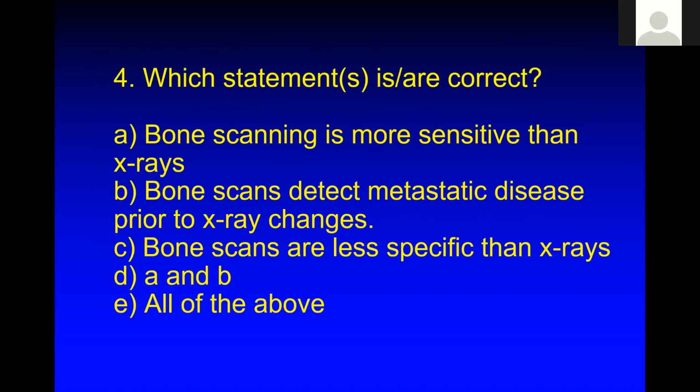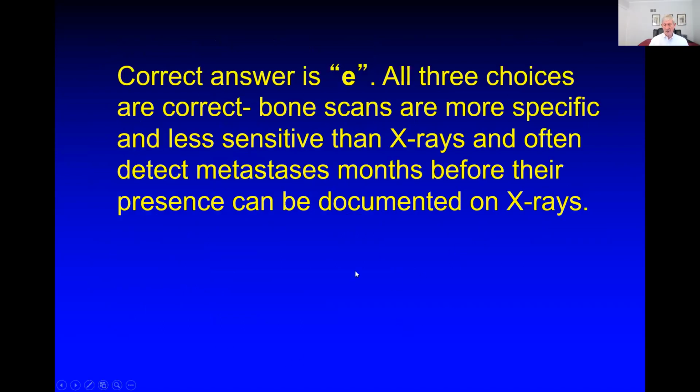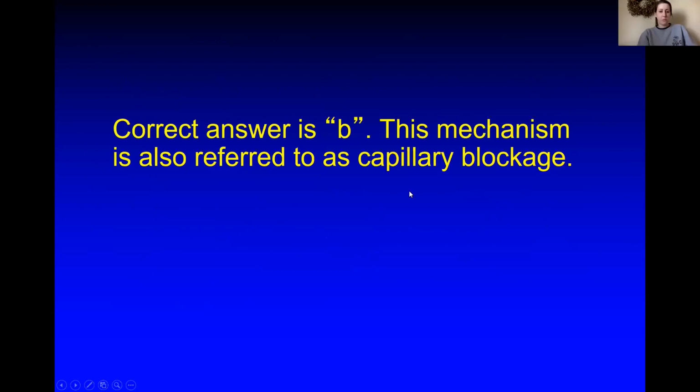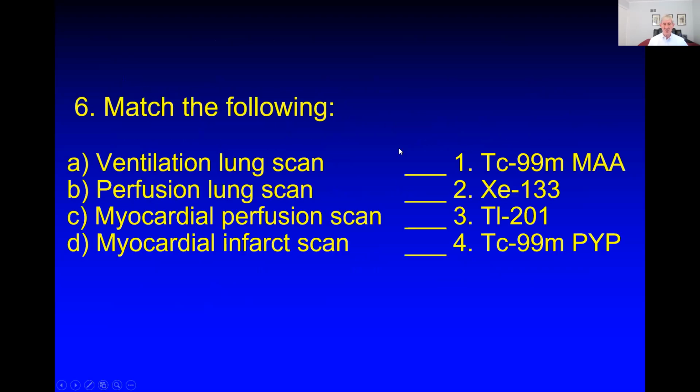True. So choice E, all of the above are correct. Okay. The mechanism of radiopharmaceutical localization in lung scanning is B. Capillary blockade, also blockage is another way to say it.